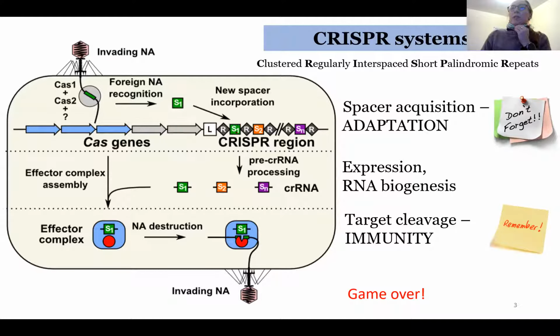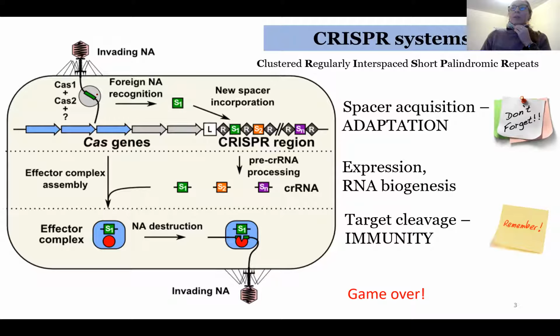Actually, this CRISPR region sometimes is called a barcode, because in this barcode, bacteria writes down and can memorize invading phage. By inserting a new spacer, it knows that this phage already invaded bacteria.